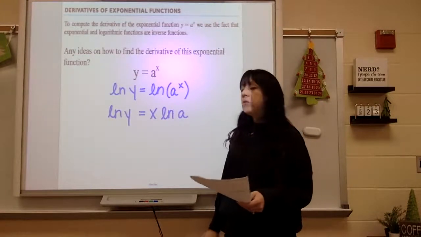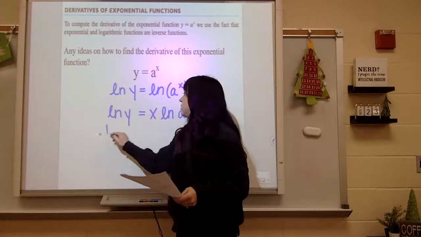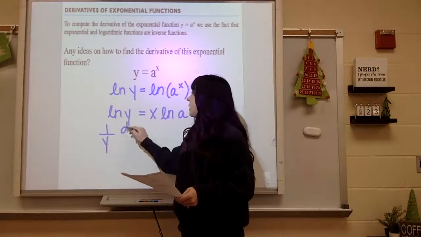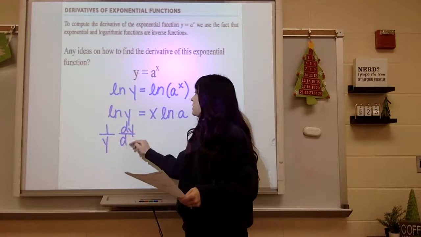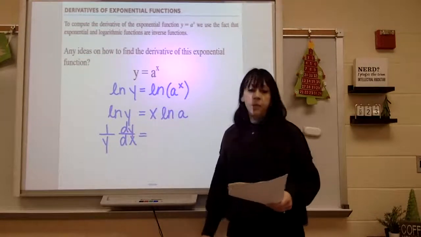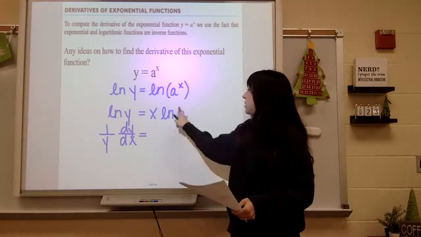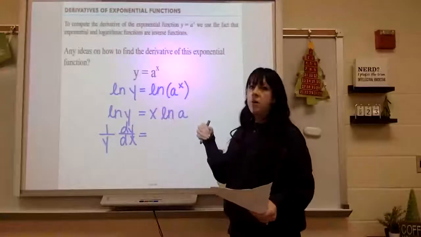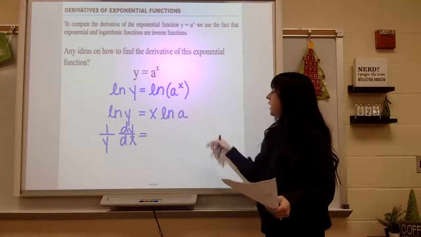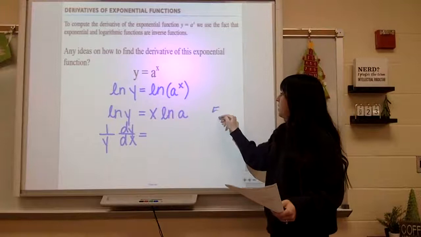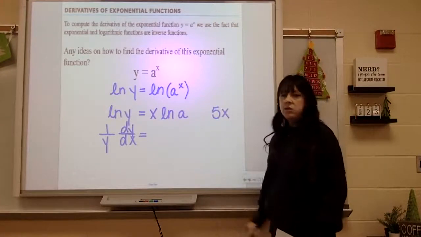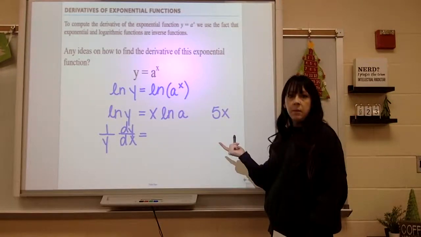Okay? Now I'm going to take the derivative on both sides. So on the left side, I would have 1 over y dy dx. On the right side, ln of a is just like a number. So really, x ln a is the same as having something like 5x, just a number with an x.